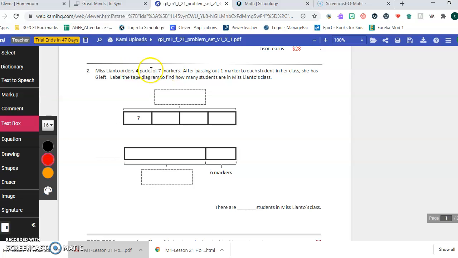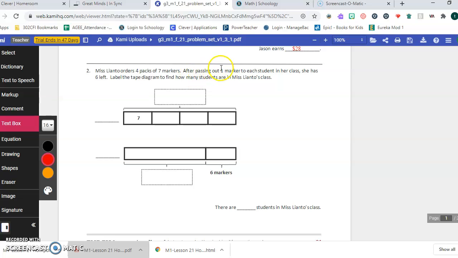So this is the groups, 4 groups, and the size of the group is 7. And just looking down here, it looks like this first tape diagram might represent that. So I've got 1 pack, 2 packs, 3 packs, 4 packs, and each one of these units is 7. So this represents the total number of markers.